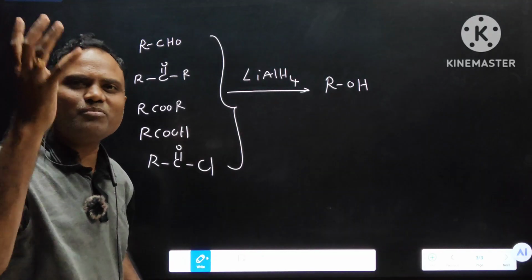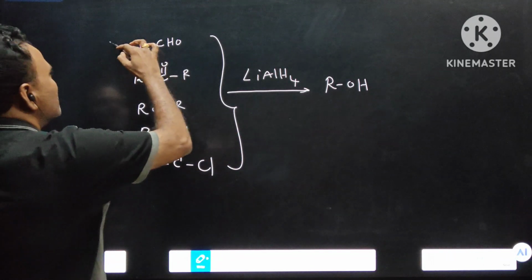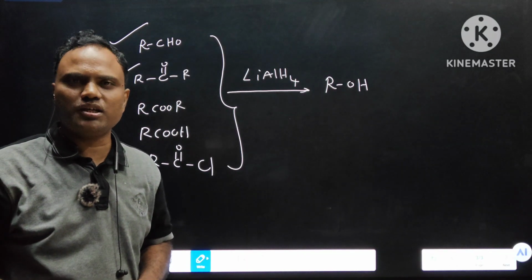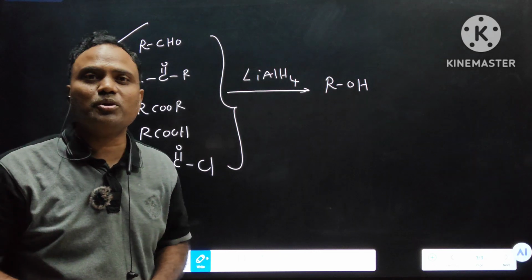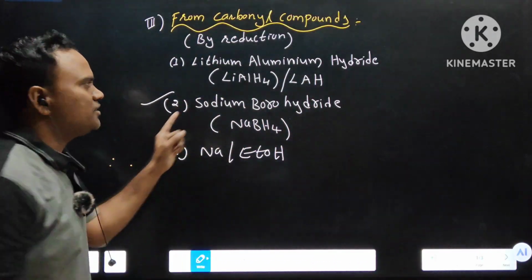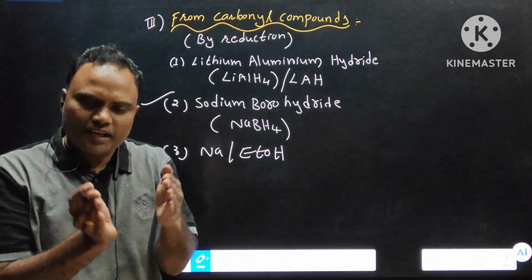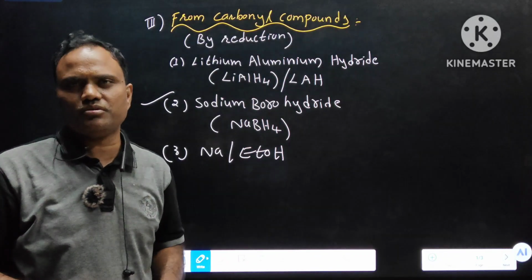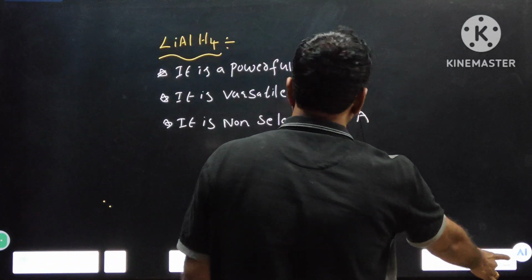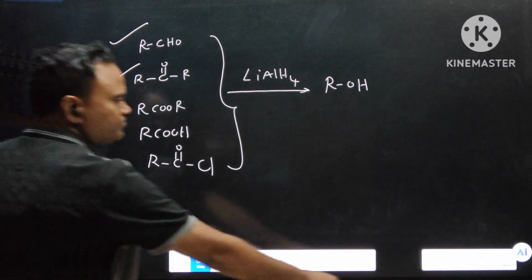Best example, sodium borohydride. NaBH4 reduces only aldehyde and ketone. This is a selective reducing agent. It won't reduce all. Selectively it reduces aldehydes and ketones only. Clear? That is the meaning of non-selective.